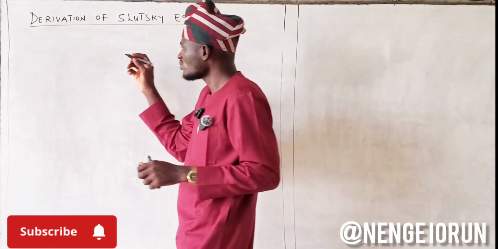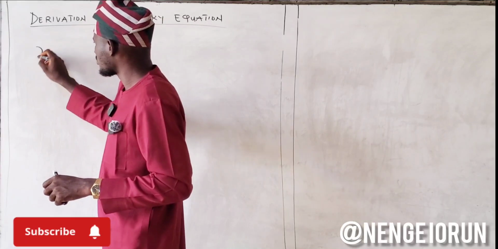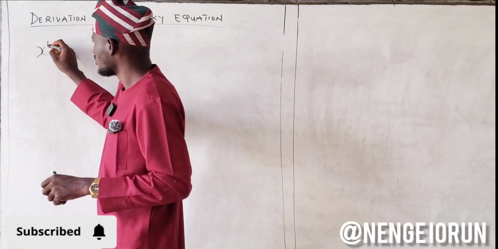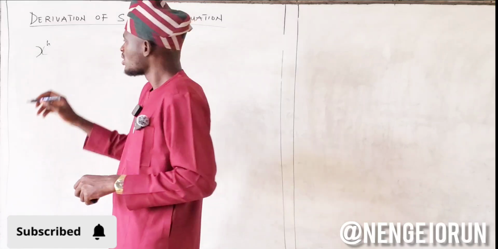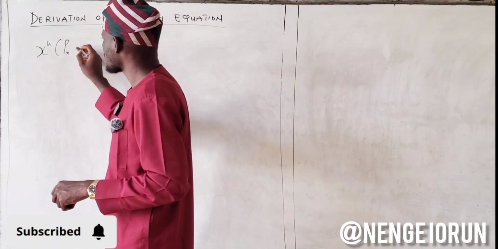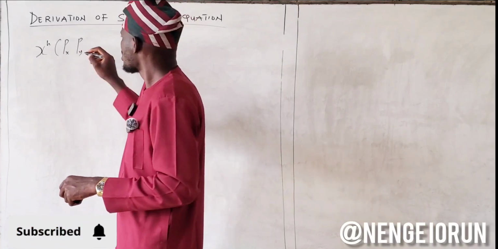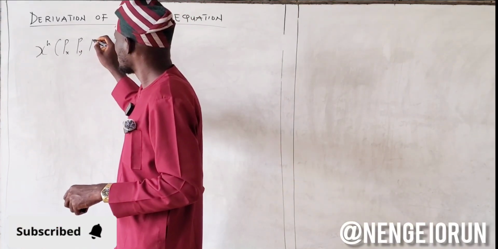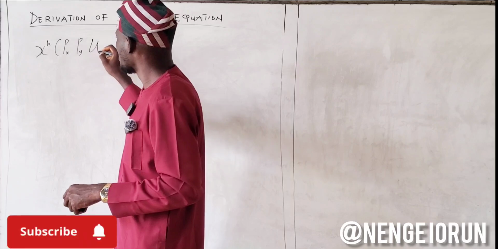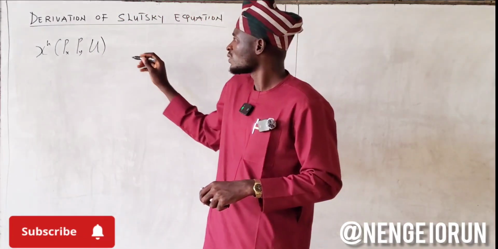So now, a Hicksian demand function for x is a function of Px, Py, and the utility. That is the Hicksian demand function.